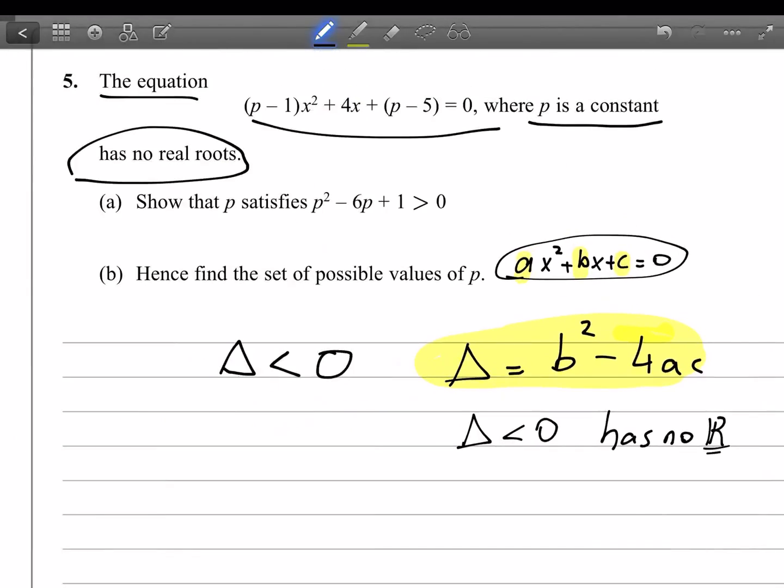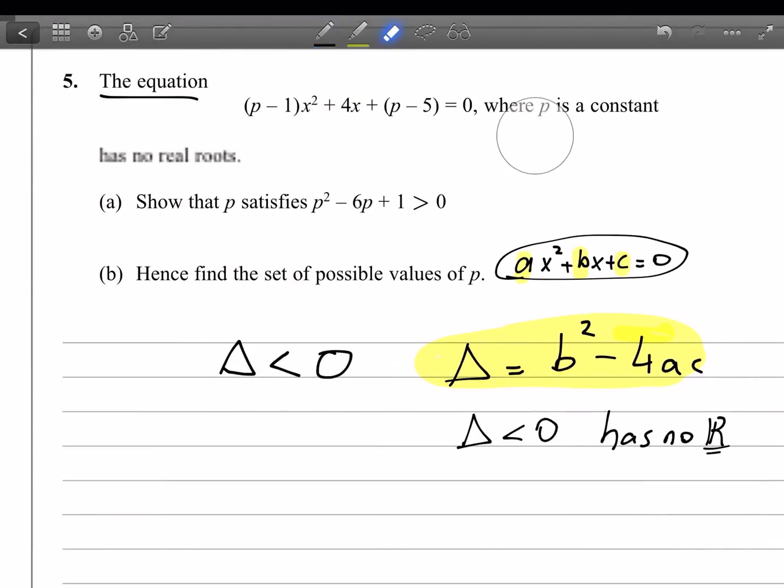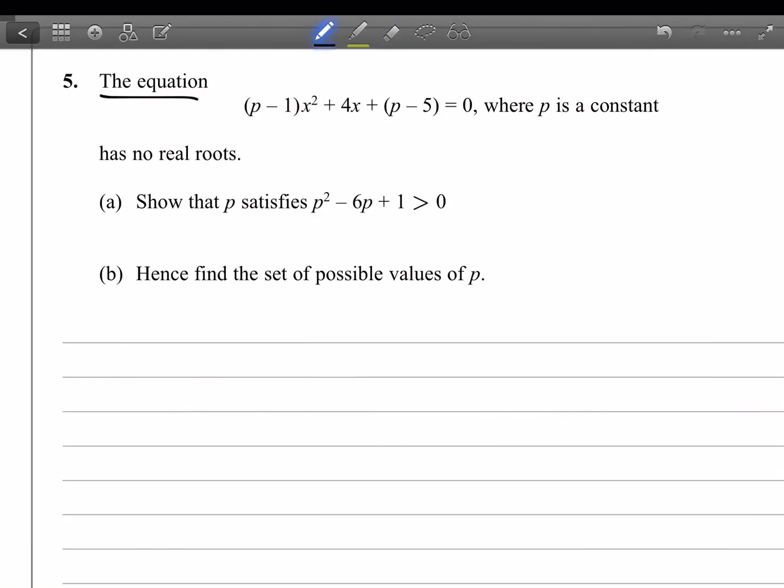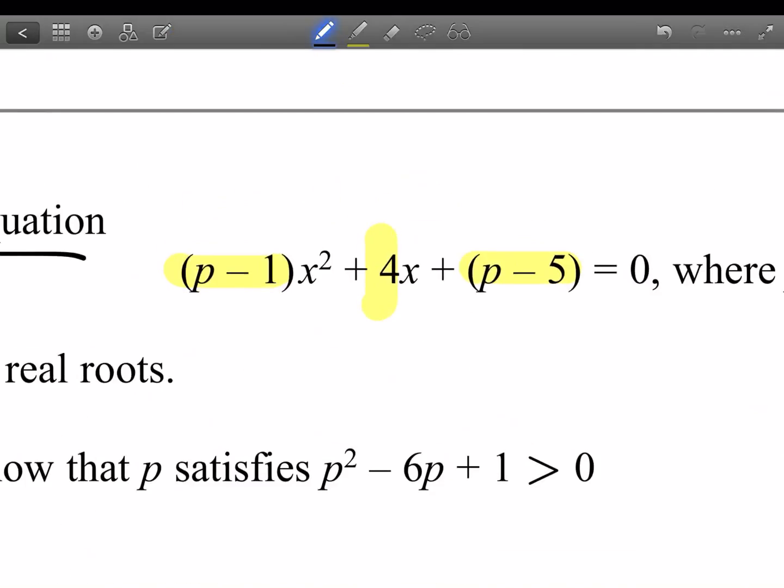Then we apply this formula to the question. Let's take a look at, first of all, define a is p minus 1, right? B is 4, C is p minus 5, as you see, A, B, and C. Let's rewrite again. General form, ax squared plus bx plus c is equal to 0.